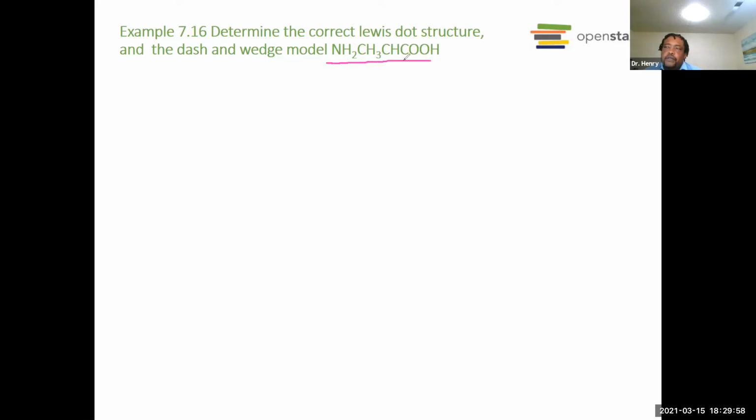The way it's written out helps us establish the structure. So we know that we have an N, and there's 2 hydrogens attached to that N. And that N is going to be attached to either this carbon or that carbon. It's not going to be attached to this carbon because it will make it a terminal carbon, and carbon can only have 4 attachments at most. It can't have 5 attachments. So more than likely, it's going to be attached to this one.